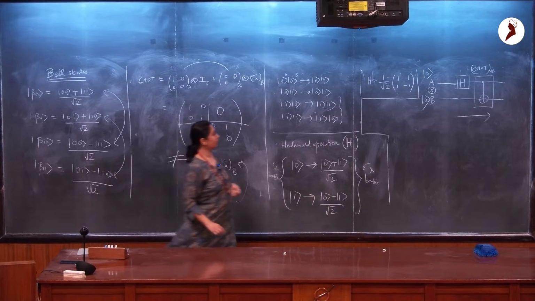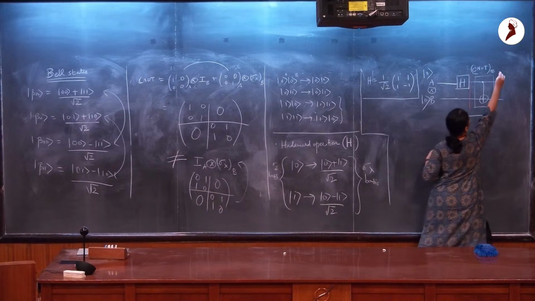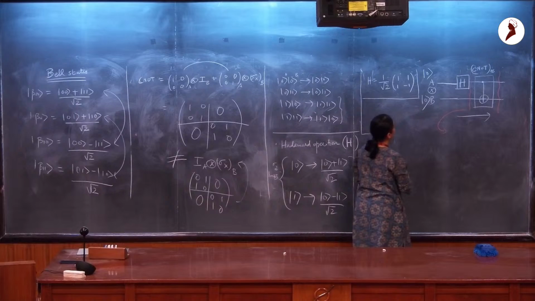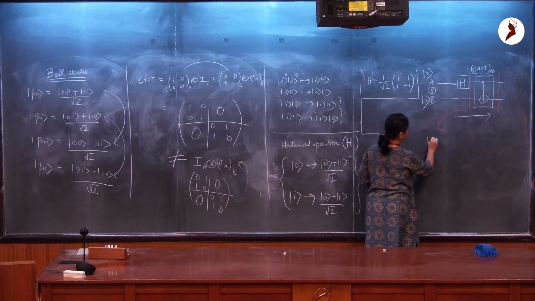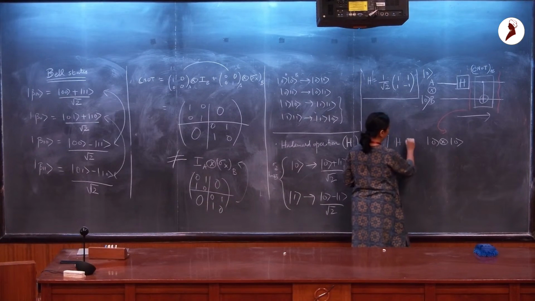So I'm going to draw very soon a bigger circuit to show this teleportation. So let's try to see how we analyze these circuits. So let's see what happens here. This is just 0 tensor 0 with Hadamard tensor identity, right?